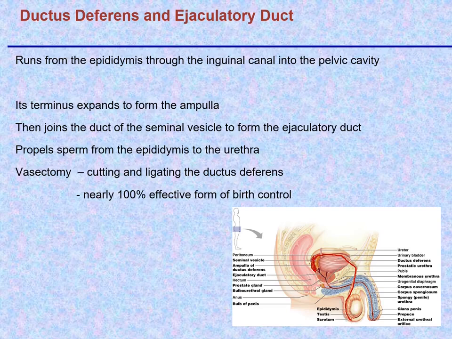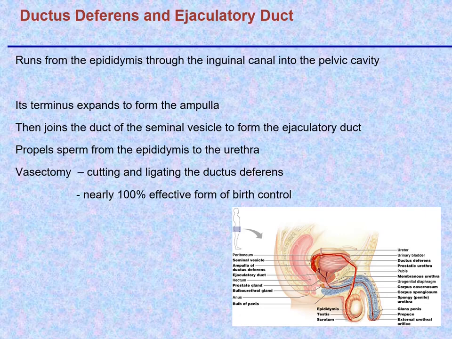That's the ductus deferens. This structure helps move sperm cells along from the epididymis to the urethra.